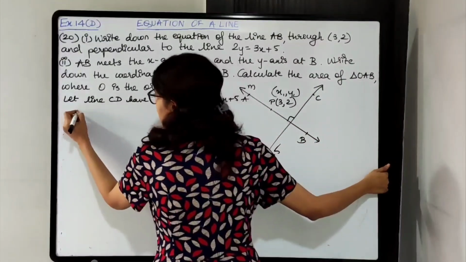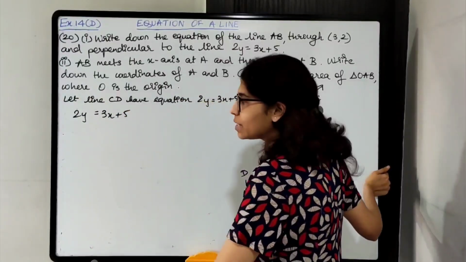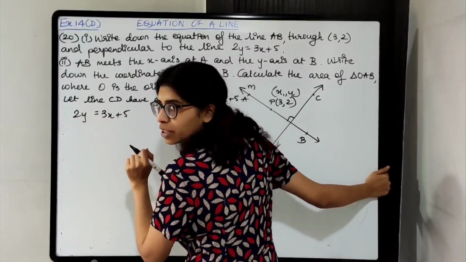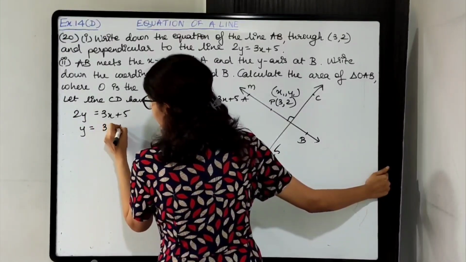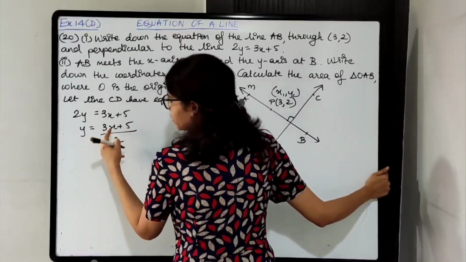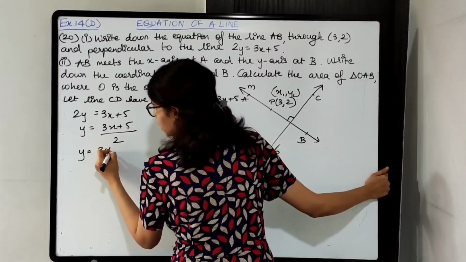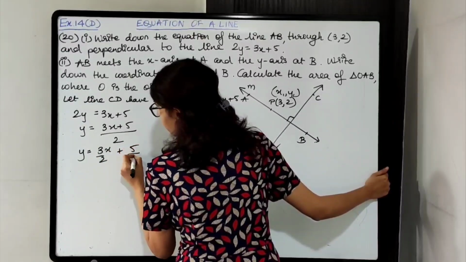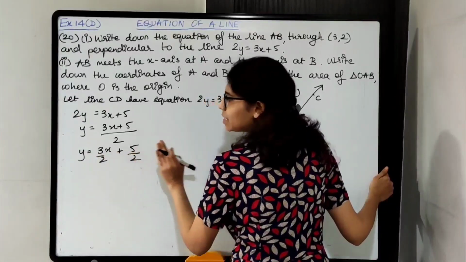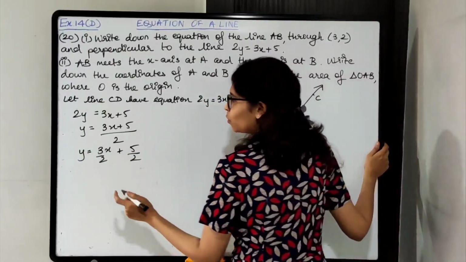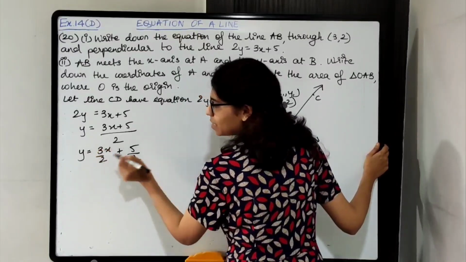In standard form, y will have no coefficient, it will be 1, so shift 2 on the other side, so 3x plus 5 the whole will be divided by 2. The denominator 2 is for both 3x and 5, so separate them: 3x by 2 plus 5 by 2. Now it is in standard form, y equals mx plus c, so the slope m is 3 by 2.